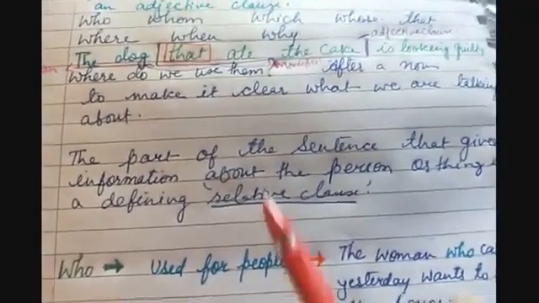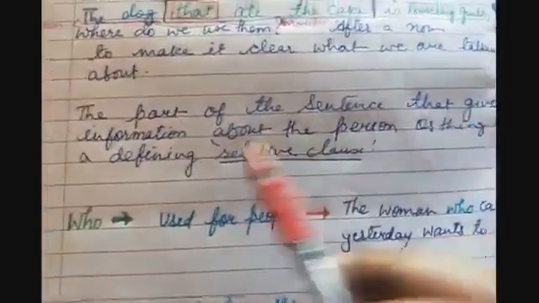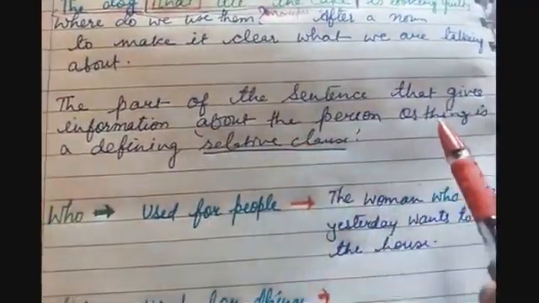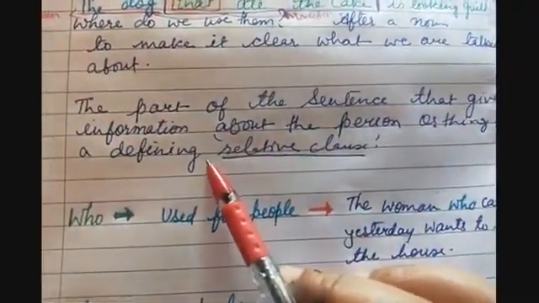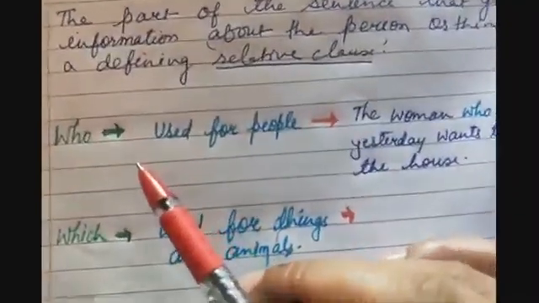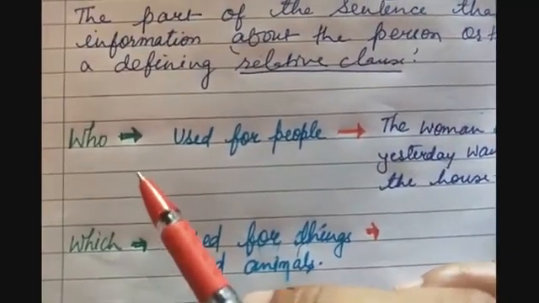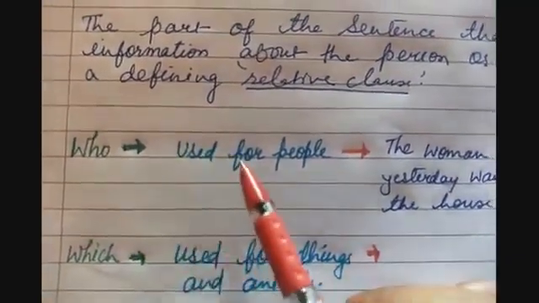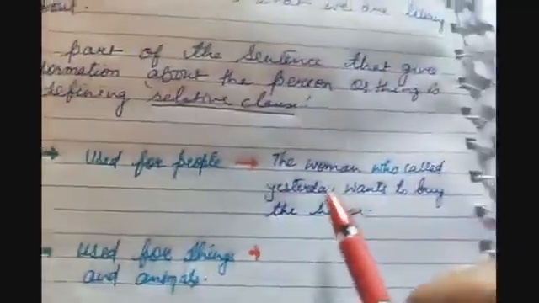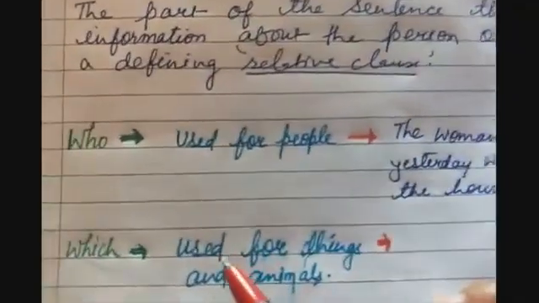So, the part of the sentence that gives information about the person or thing being defined is the relative clause. So let's see which relative pronouns we are using and for what. So who is used for people. The woman who called yesterday wants to buy the house.